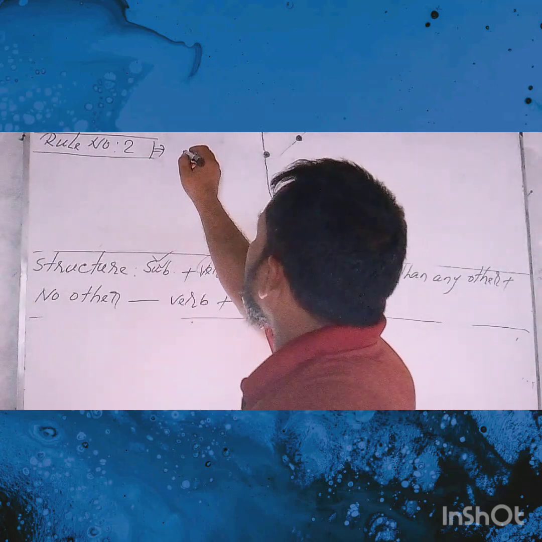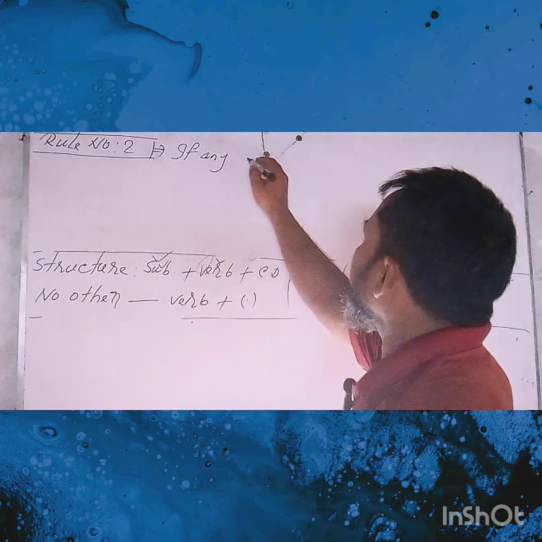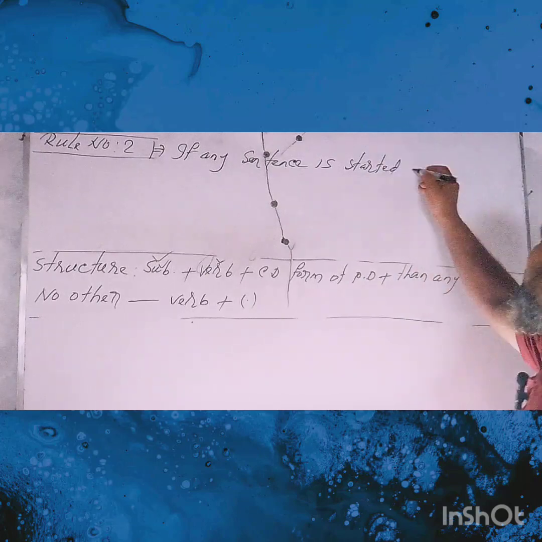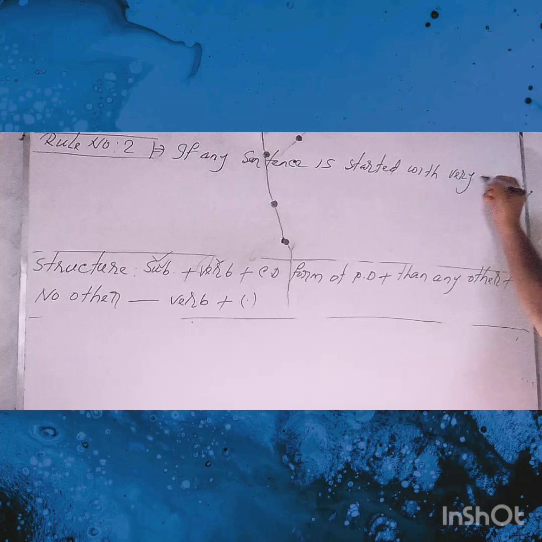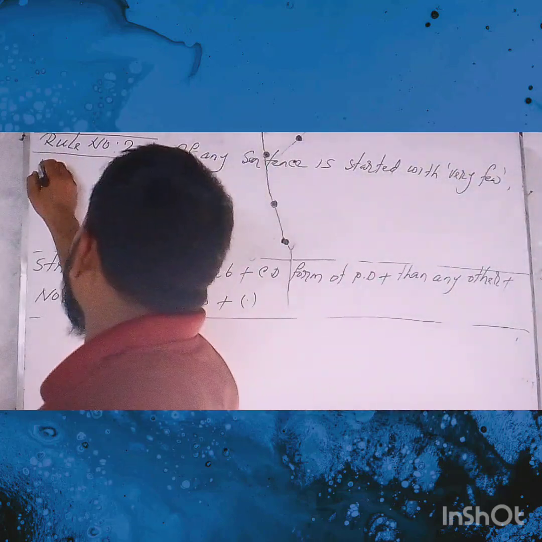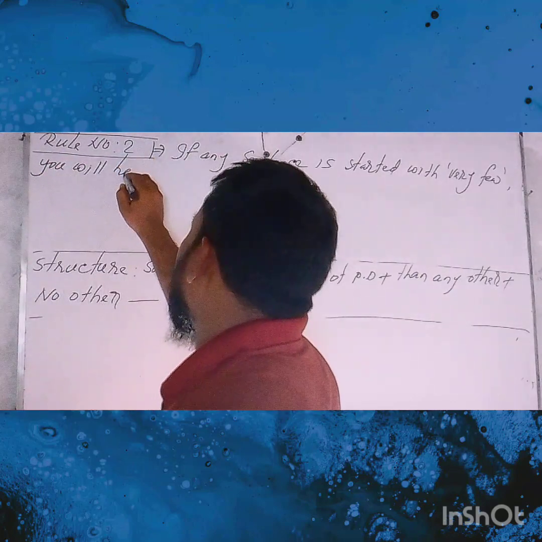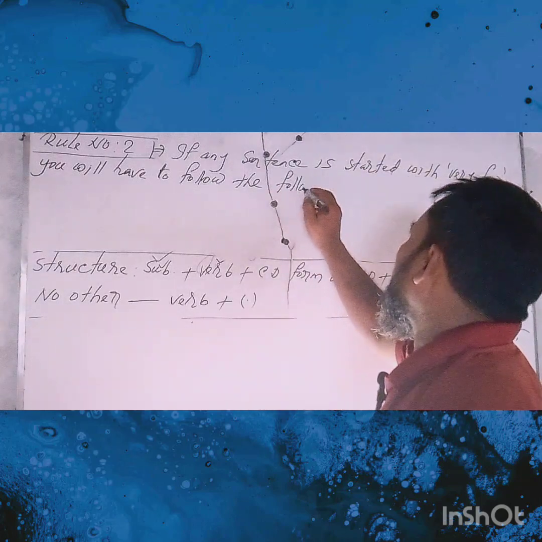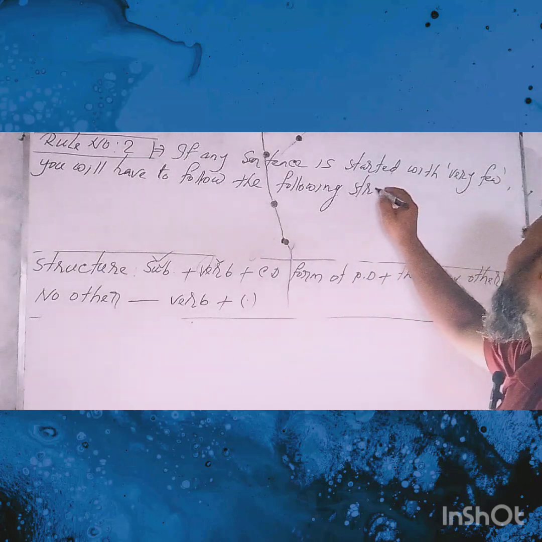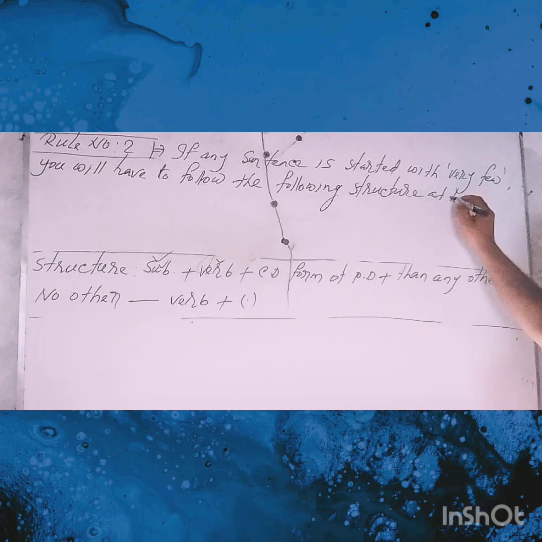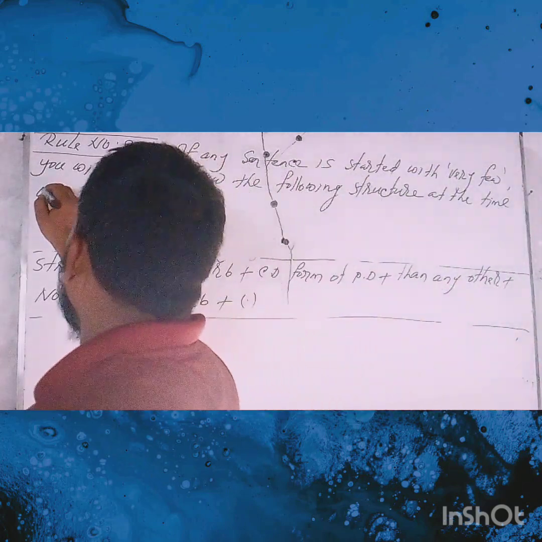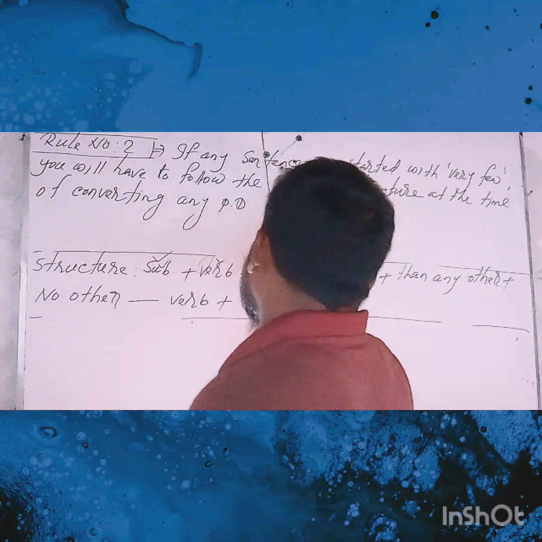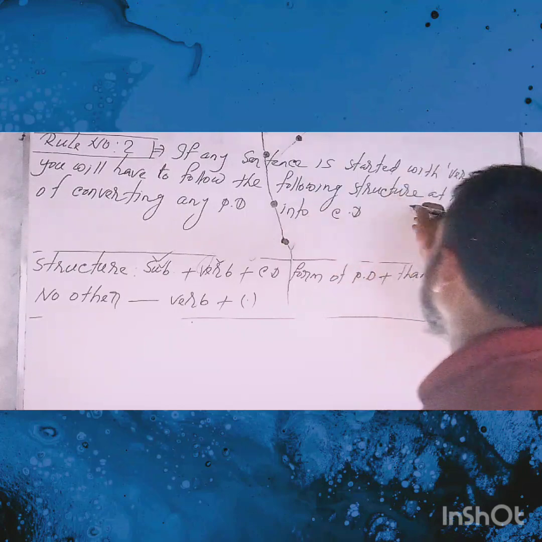Okay, media learners, write down: if any sentence is started with "very few", you will have to follow the following structure at the time of converting any positive degree into comparative degree.